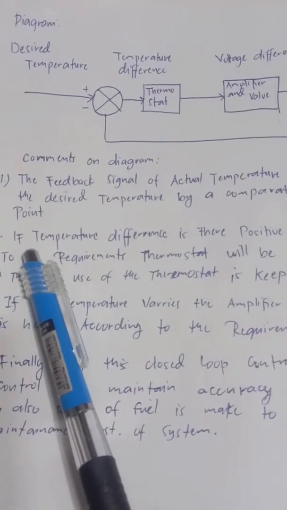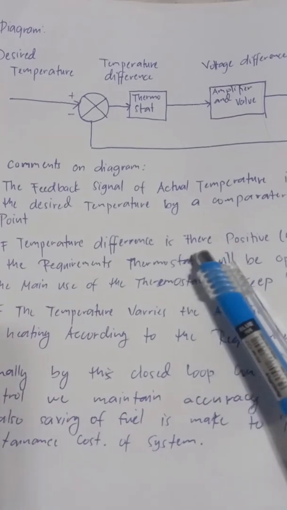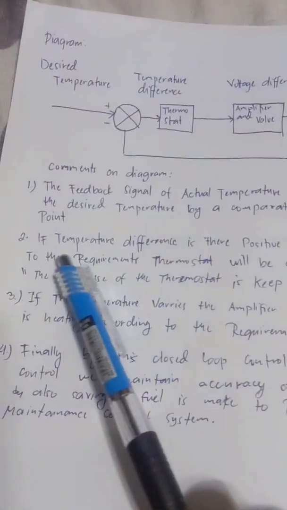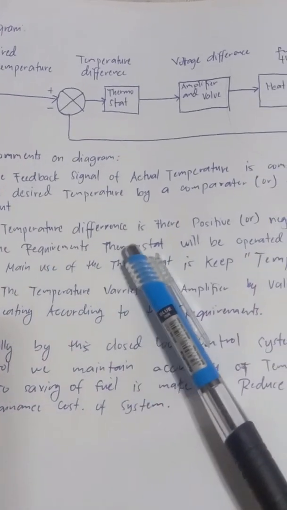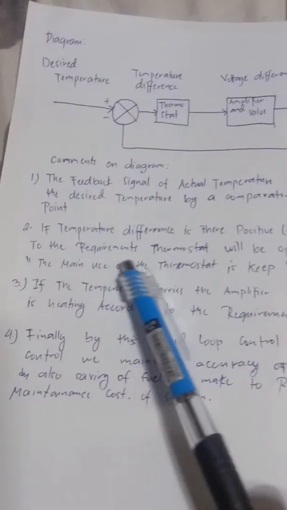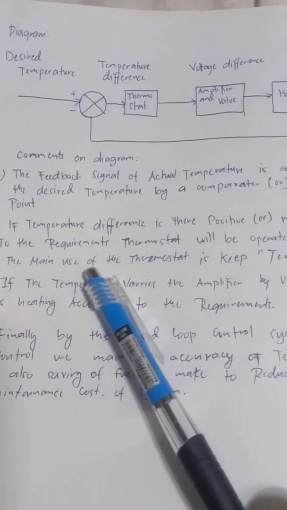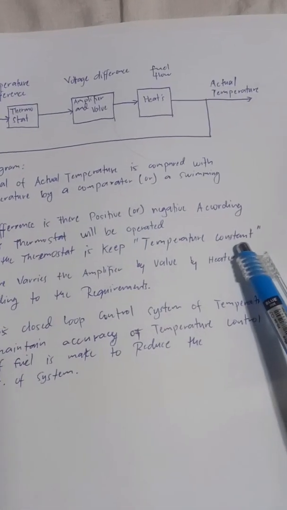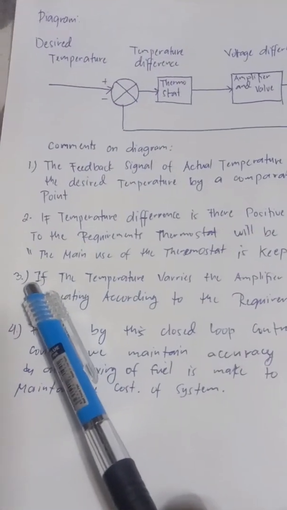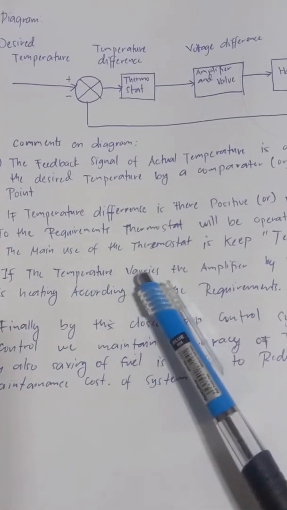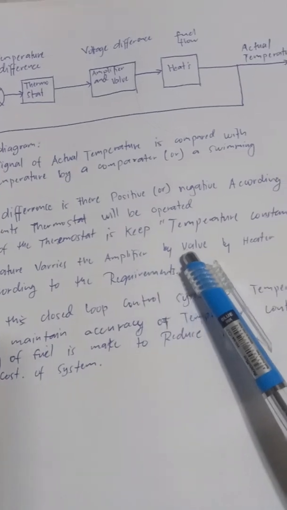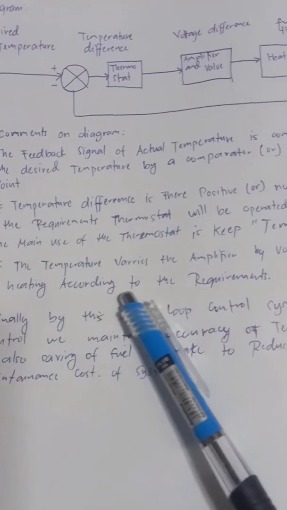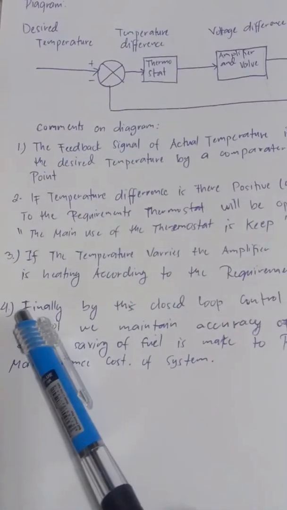Number 2, if the temperature difference is positive or negative according to the requirements, the thermostat will be operated. The main use of the thermostat is to keep temperature constant. Number 3, if the temperature varies, the amplifier, bulb and heater heat according to the requirements.